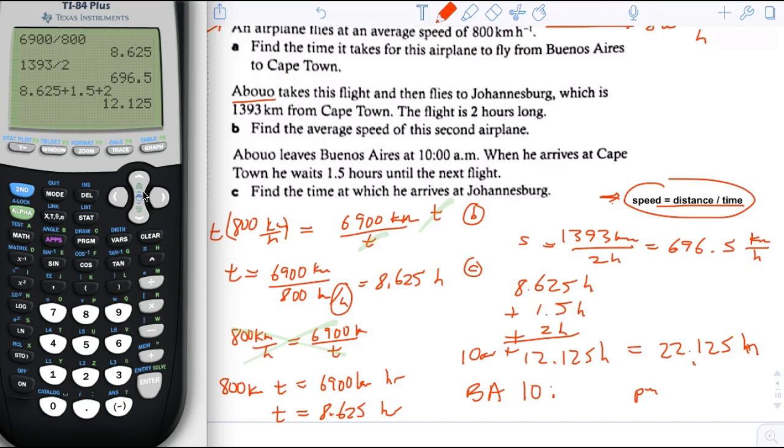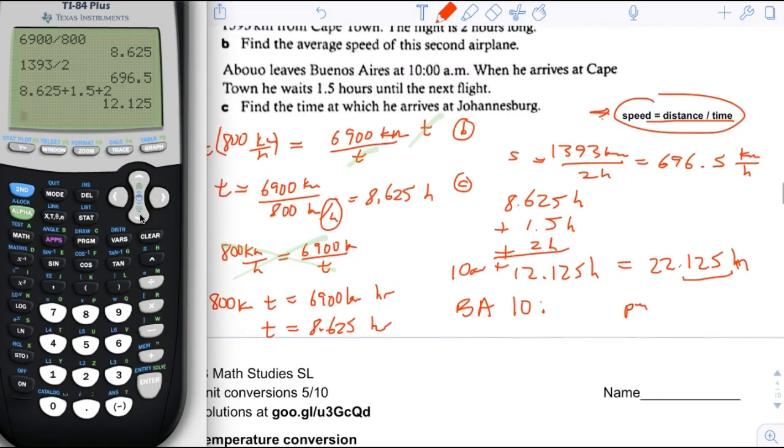The one thing we do need to convert is 0.125, which is the minutes part of the hours, right? It's part of an hour. So how do we convert 0.125 hours into minutes? We're going to use the domino, and we're going to convert 1 hour into 60 minutes. And we put hours on the bottom so that we can cancel out the hours, and we put minutes on top so we'll have the minutes left.